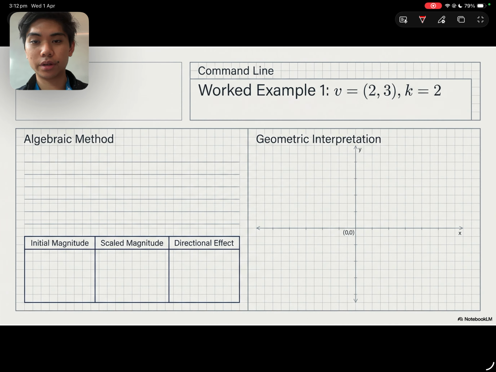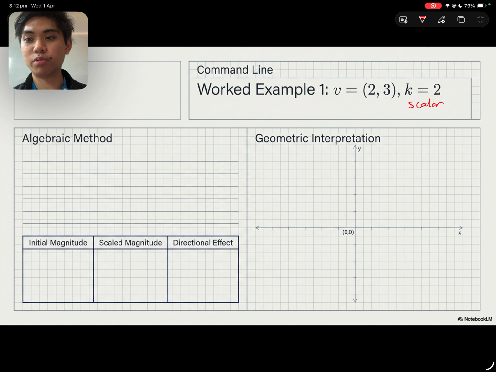So, we have our first worked example, 2, 3, and our k is going to be equal to 2. So our k is going to be our scalar quantity, which we are multiplying by v. Okay, so let's say that in the algebraic method, if we were to do 2v, we have to multiply each component.